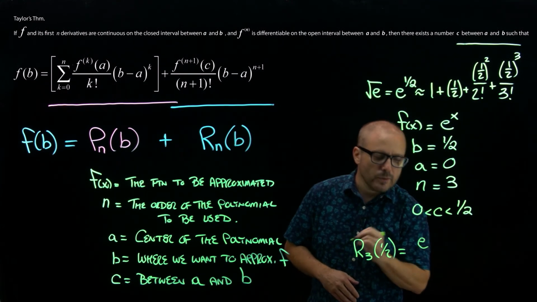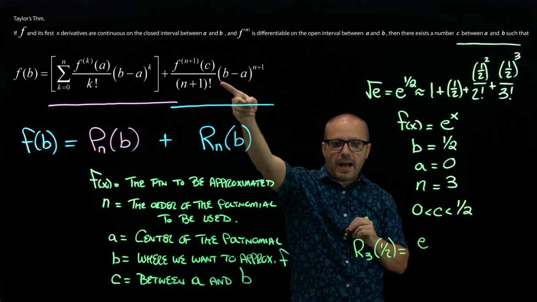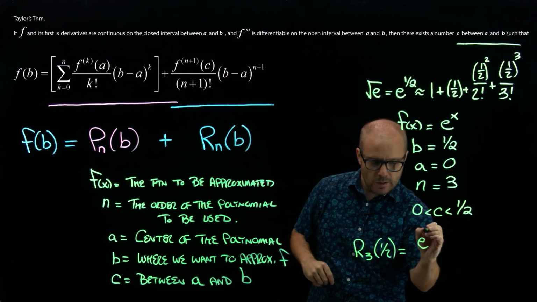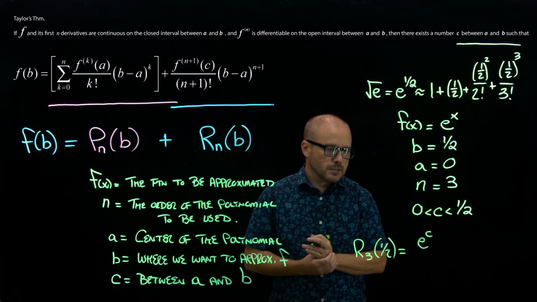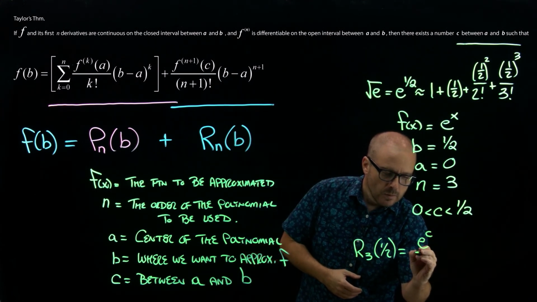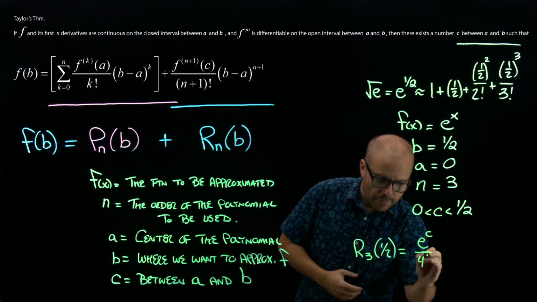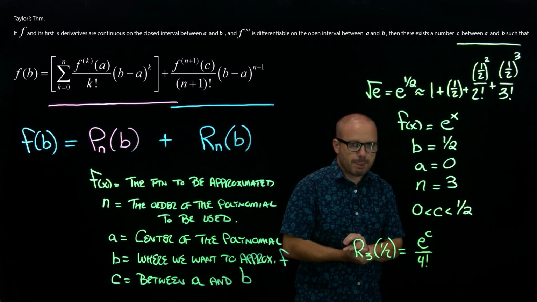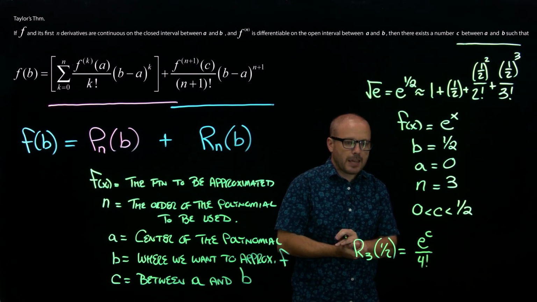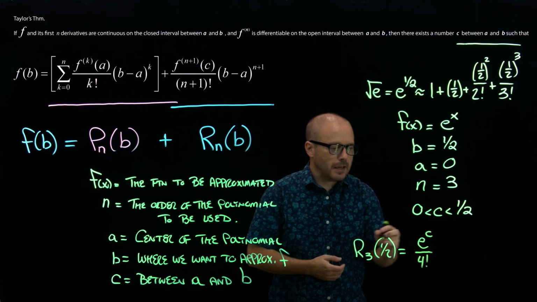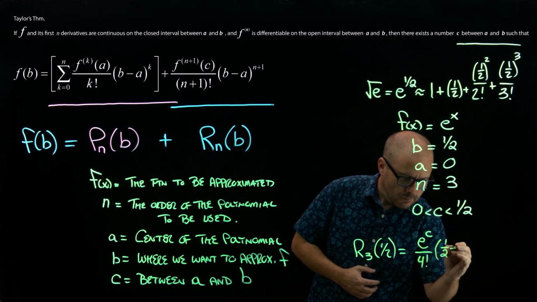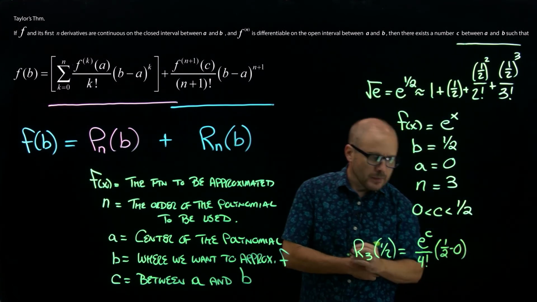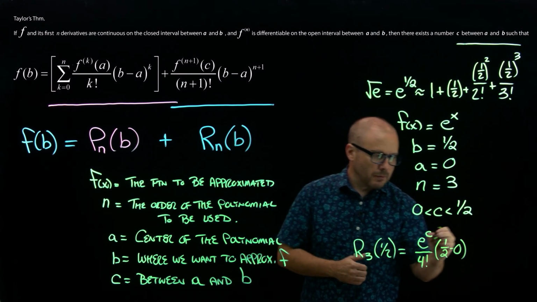So the fourth derivative evaluated at c, over 4 factorial, times b minus a to the fourth power.